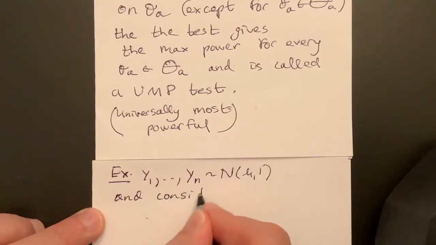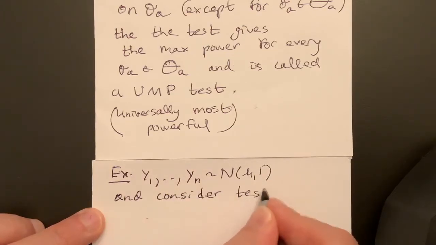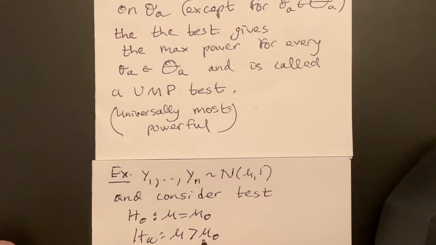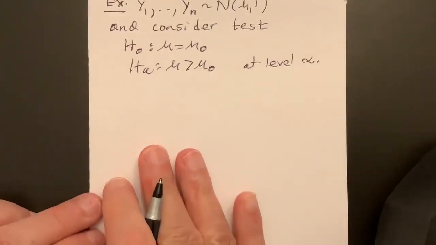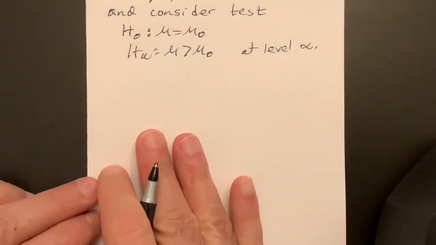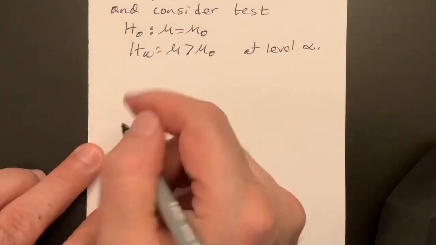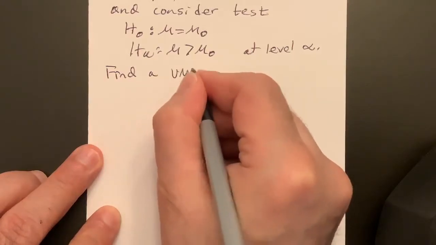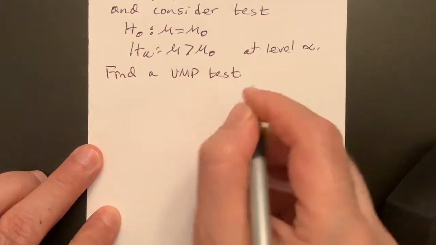Consider the test H0: mu equals mu 0 versus HA: mu greater than mu 0, at level alpha. Let's see if we can find a UMP test, if possible.